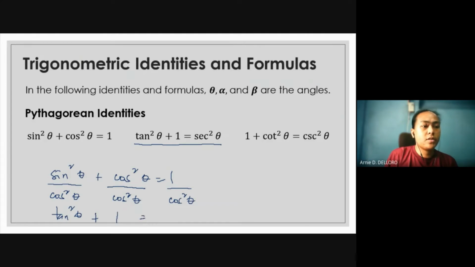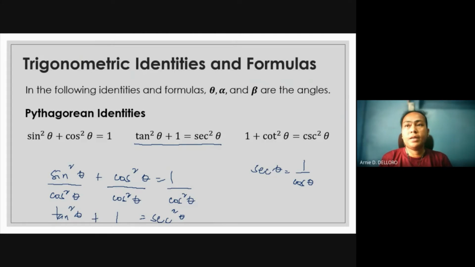Then 1 over cosine squared theta is secant squared theta. Kasi di ba, sabi kanina sa reciprocal identity, secant theta is equal to 1 over cosine theta. So we have secant squared theta. Okay? So ginagamit natin yung ibang identities to prove the other identities. I hope malinaw yan.